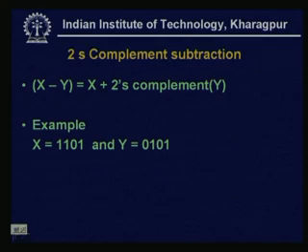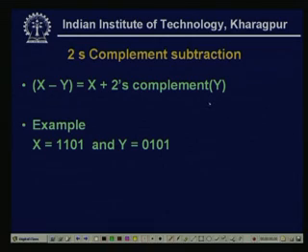First I will compute the 2's complement of y, which we know is the 1's complement of y plus 1, again some addition, and then it will be added with x. So, no subtraction is there, only the addition circuit is sufficient for subtraction.